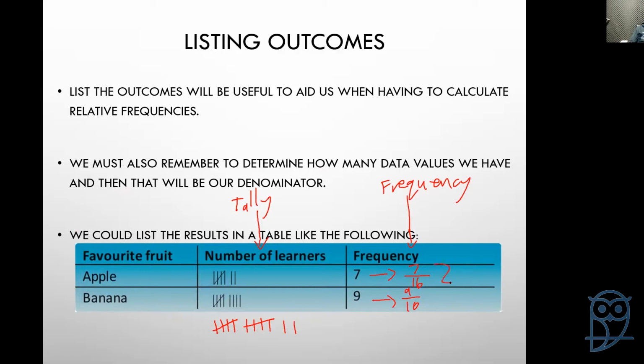And if you add all of them together, 7 over 16 plus 9 over 16 gives me 16 over 16. And 16 over 16 is 1. It's a useful check to make sure that you've counted all possible outcomes, as well as all the data that you've received. All right, so then we move on.